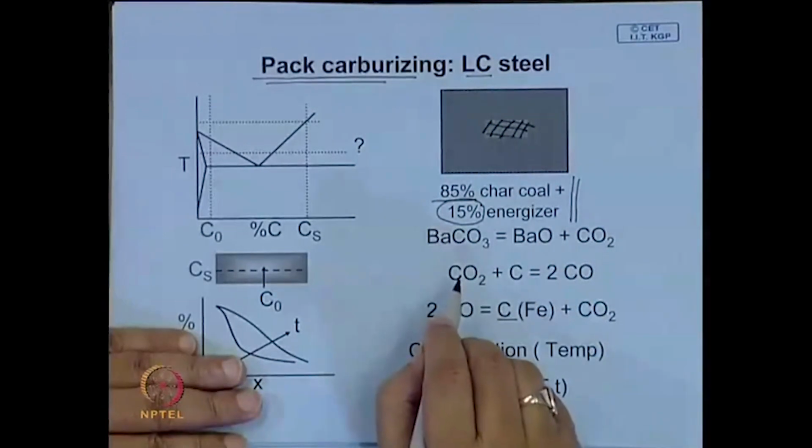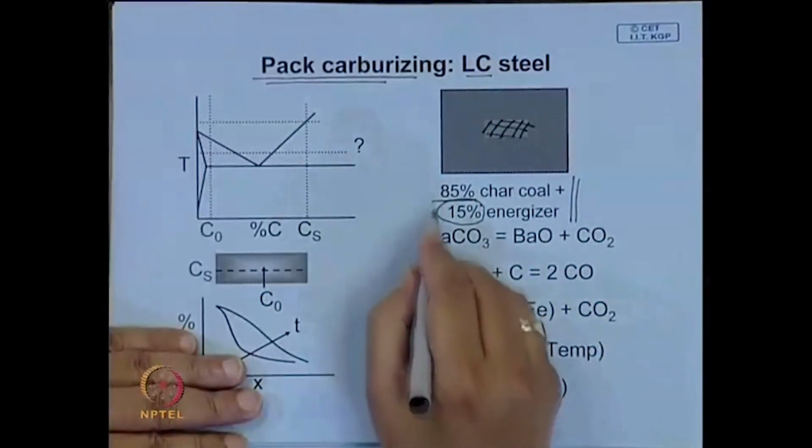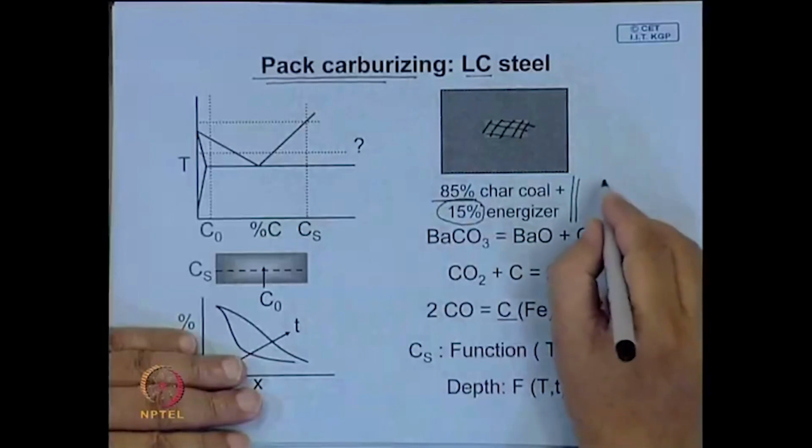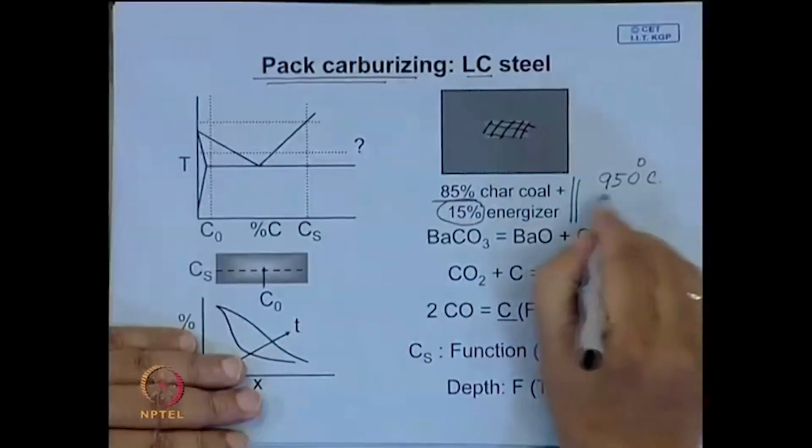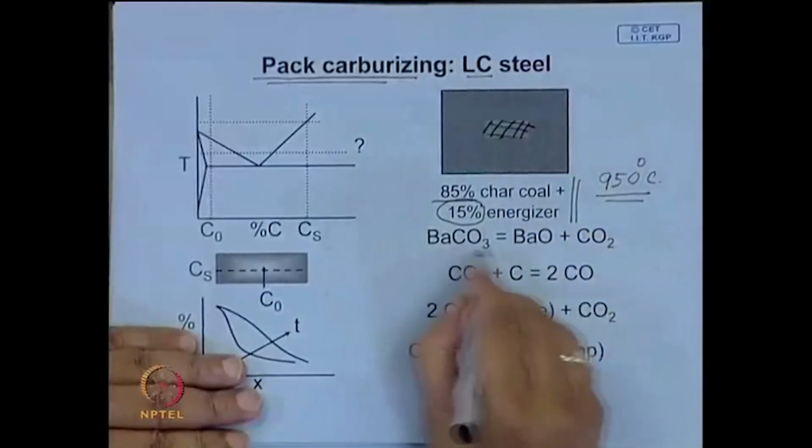And how does it promote the carburization process? When you heat it to a higher temperature, say around 950 degrees centigrade, what happens? The barium carbonate decomposes.